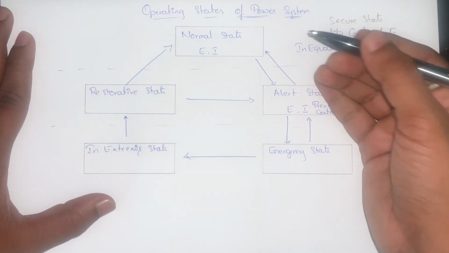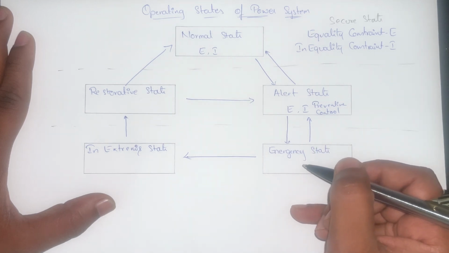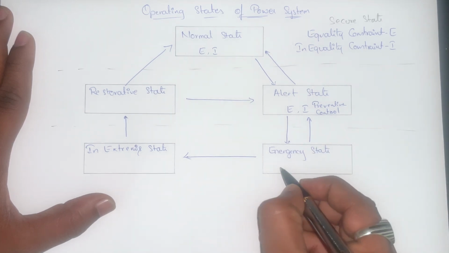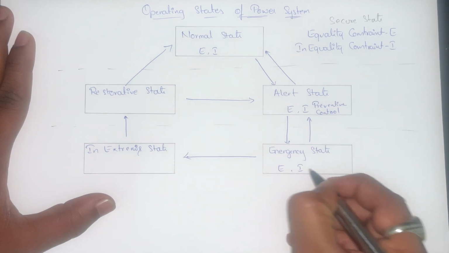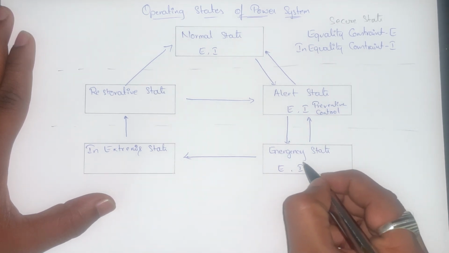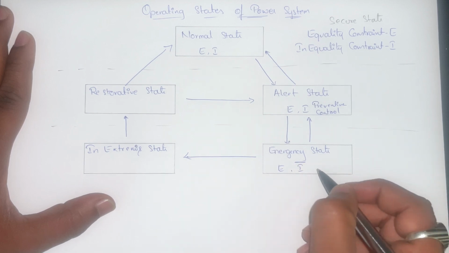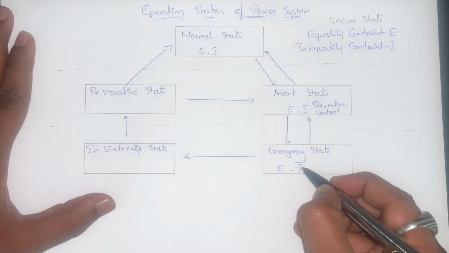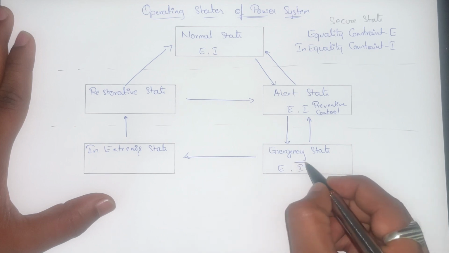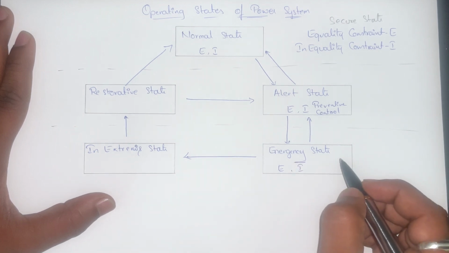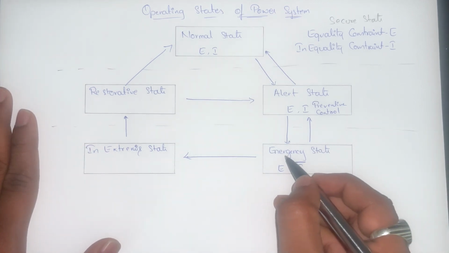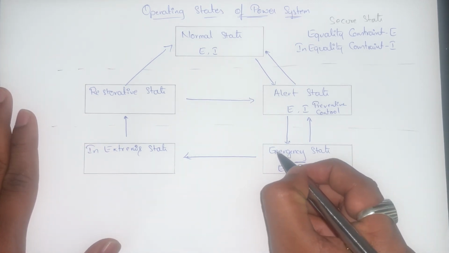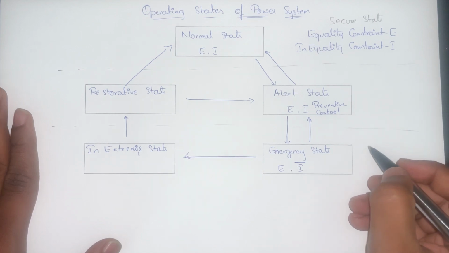Then comes the emergency state, where the equality constraints are not affected, but the inequality constraints are being affected. We can mark it as I dash, where the inequality constraints are not satisfied. Here we can mention it as the emergency state.